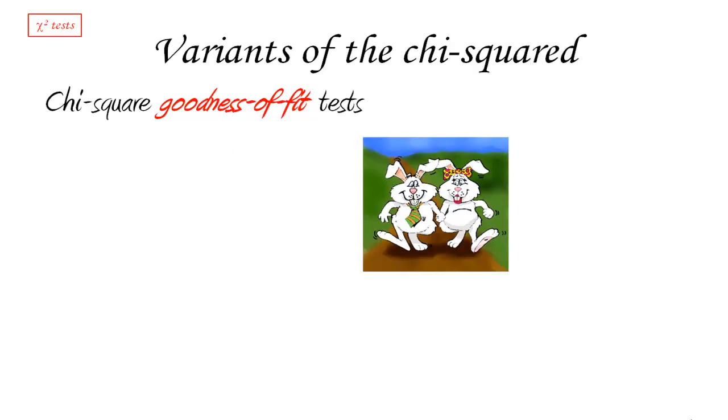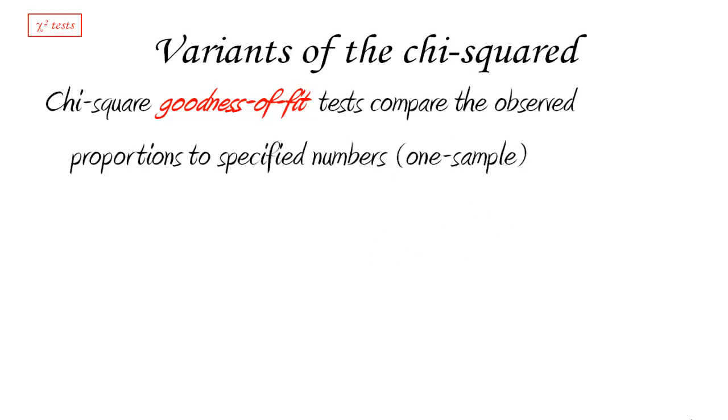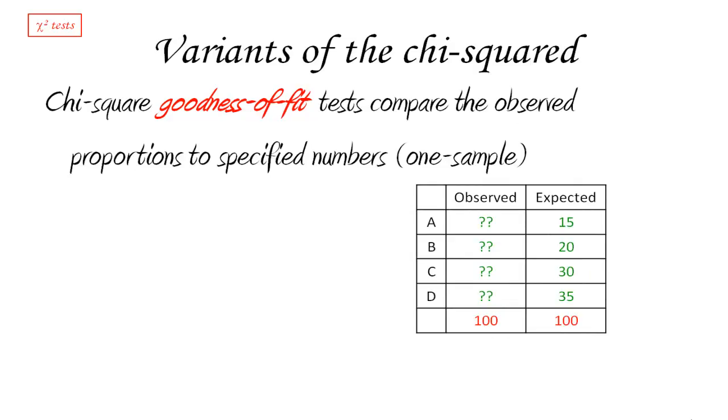Are they together in the way that they should be? Because this test actually compares the observed proportions in a group to certain specified numbers. So in this case, we're only looking at one sample, one group, and we're not comparing that group to another group. We're comparing that group to some predetermined expected numbers.